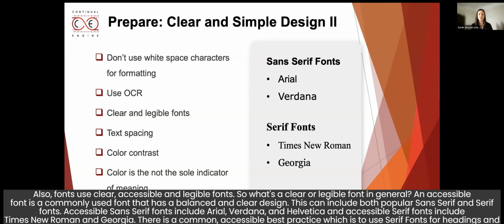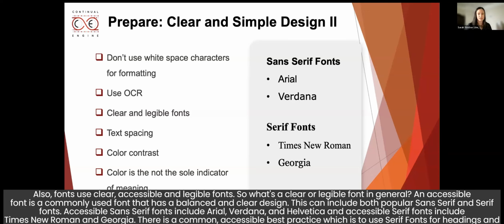Also, fonts: use clear, accessible, and legible fonts. So what's a clear or legible font? In general, an accessible font is a commonly used font that has a balanced and clear design. This can include both popular sans serif and serif fonts. Accessible sans serif fonts include Arial, Verdana, and Helvetica.